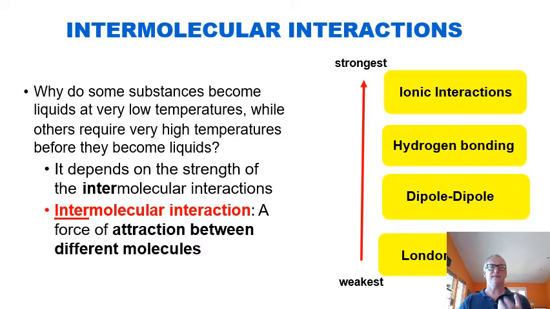Why does it take so much more energy to convert some gases to liquids and some liquids to solids, and the other way around? It depends on how strong those interactions are between them. And this is an introduction to some of them right here.